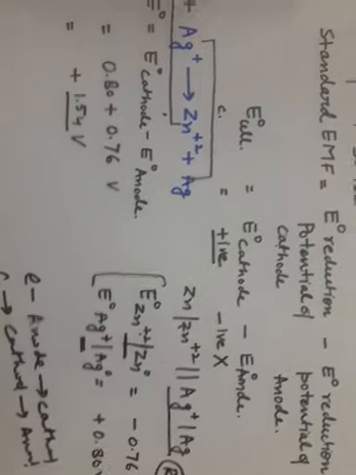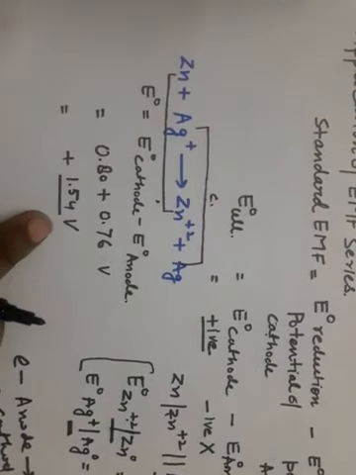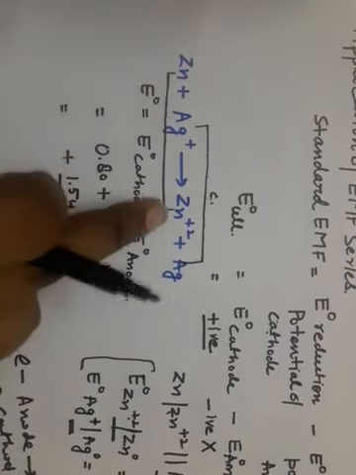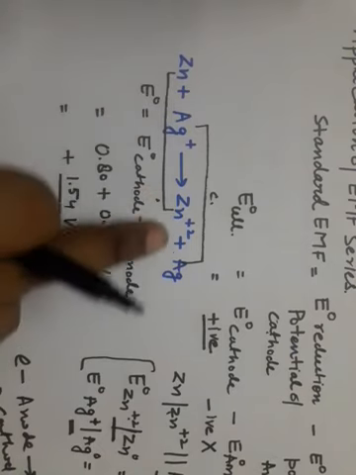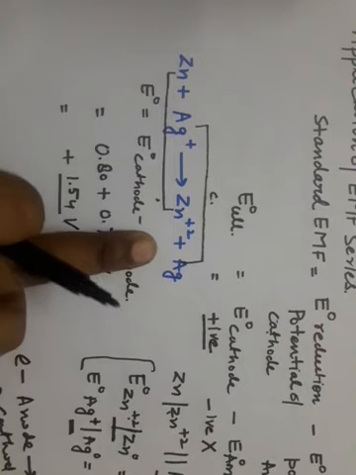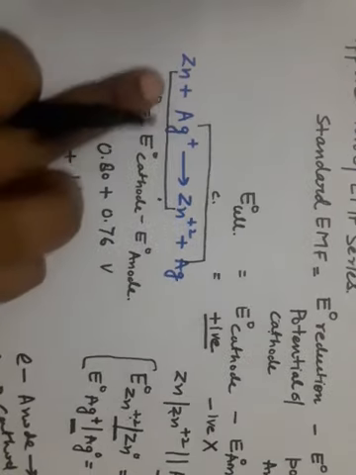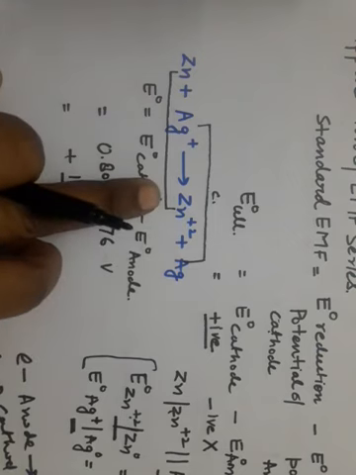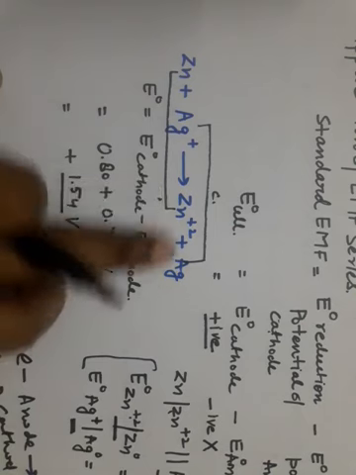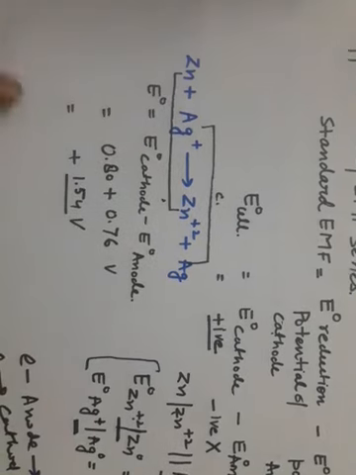So in this electrochemical cell where the value comes out to be positive, the zinc is acting as an anode. The electrons are moving from zinc to silver, to where the oxidation takes place. But current is moving from cathode to anode, silver to zinc. This will help you to decide this.